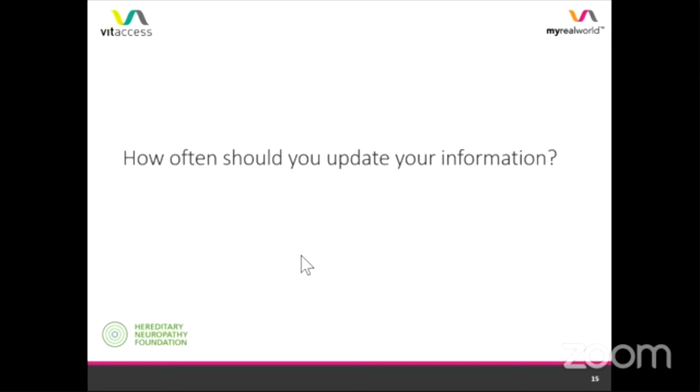Well, we've touched on the fact that there are in-app notifications, and we did thinking prior to launch about the frequency with which we'd like people to complete the surveys, and that reflects the topic that the survey is about. Some things change quite quickly. Some symptoms or aspects of CMT might change a little bit more regularly. Others don't change that regularly, so you don't really need to ask about those that frequently.